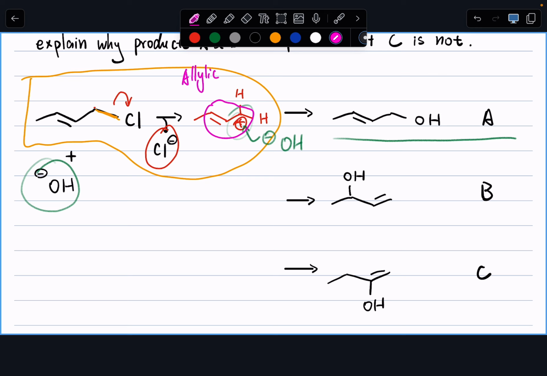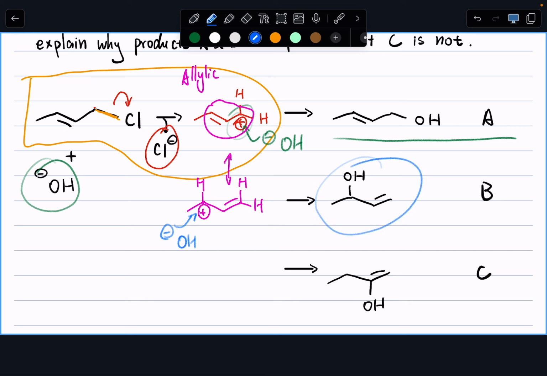So using either resonance or our quantum bonding theory, we can write a resonance structure like this. And in this new resonance structure, we can have another OH minus adding to that positive charge, the allylic carbocation, to form my product B.